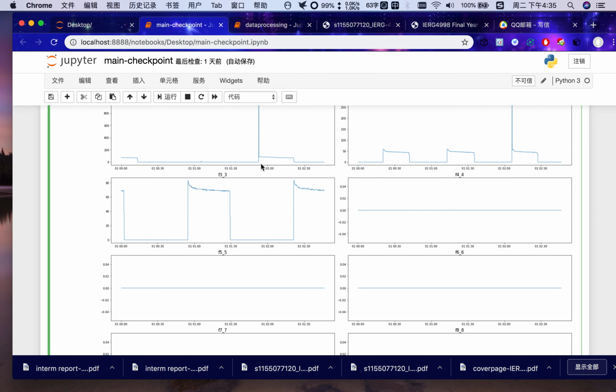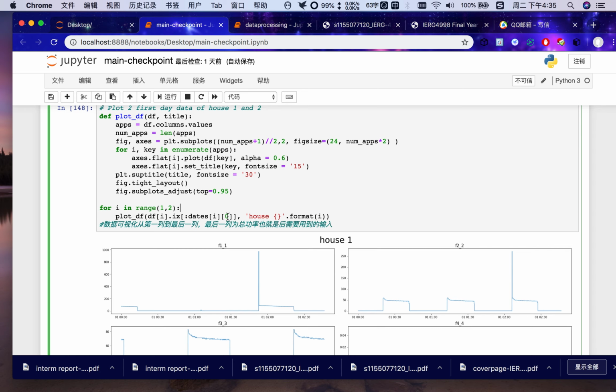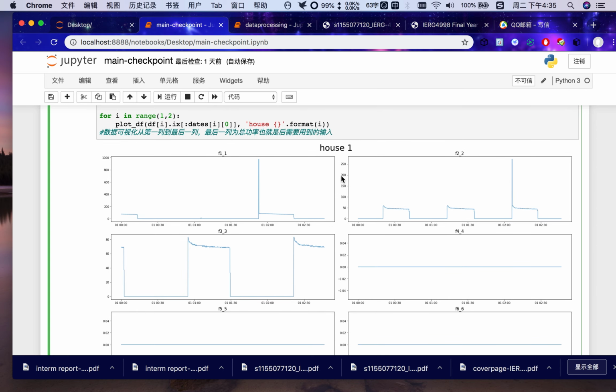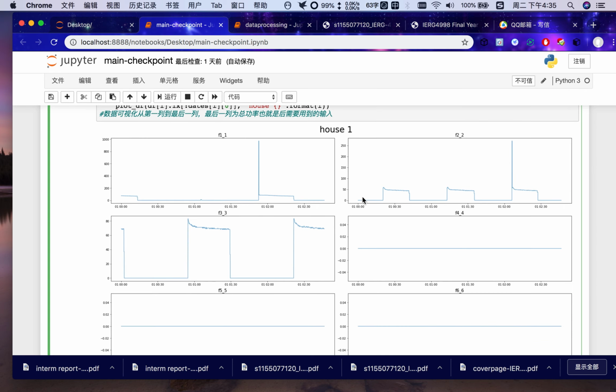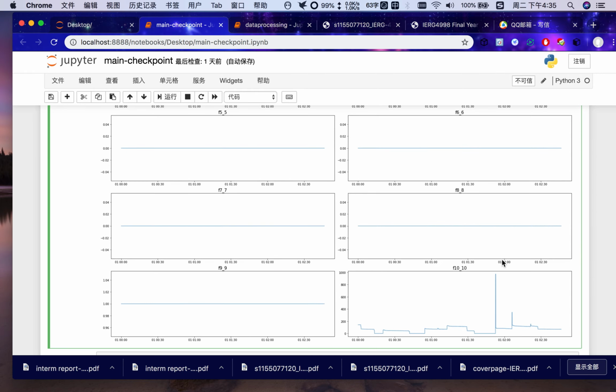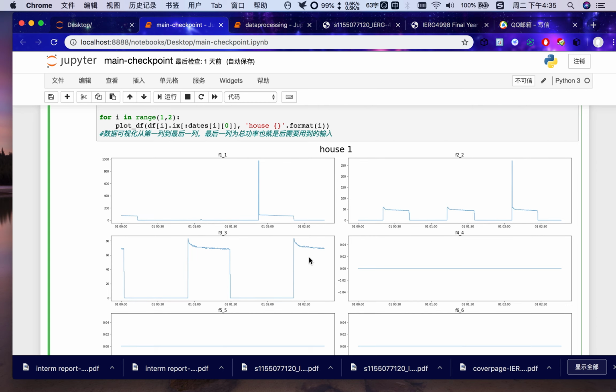We take the first 3 machines to see the power curve. So this is a 1 day curve. You can see F1, F2, F3 are different curves, and F10 is the total power. It's the sum of the first 3 power sets.